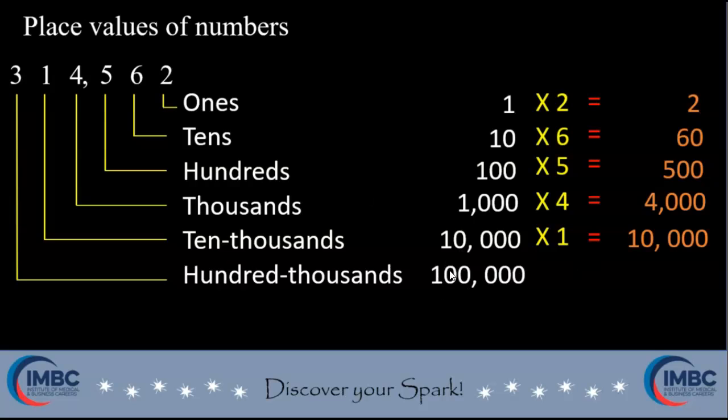And then we have the 100,000 place, which is a 3. So 100,000 times 3 equals 300,000. So the place values are ones, tens, hundreds, 1,000s, 10,000s, 100,000s. We add these together: 314,562.